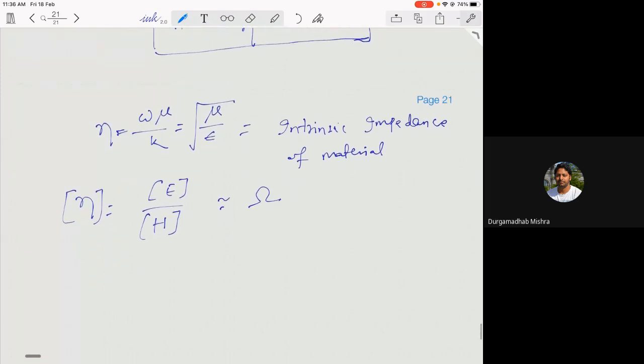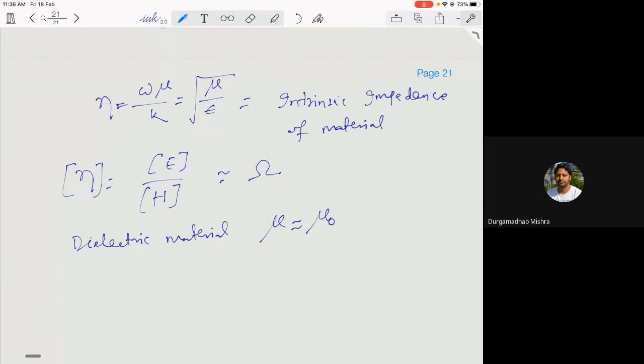And for a dielectric material, mu you can approximate by mu naught for most dielectric materials. The permeability doesn't change so much. So in that case, compare your eta to the free space impedance. For free space it is the square root of mu naught by epsilon naught.